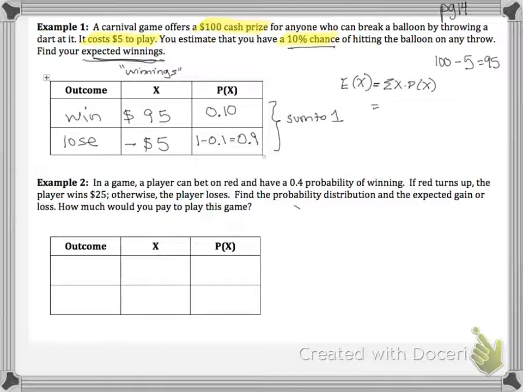In other words, my expected value. So for my first pair, I would take x, the $95, and multiply that by the probability that I would win, which is 0.1, and then I'm going to add to that. So here we multiply again, negative 5 times 0.9.